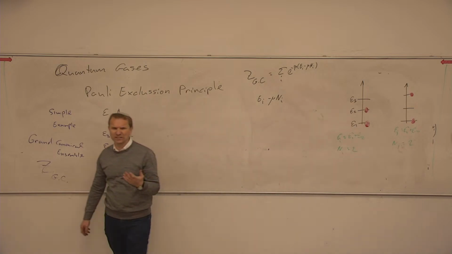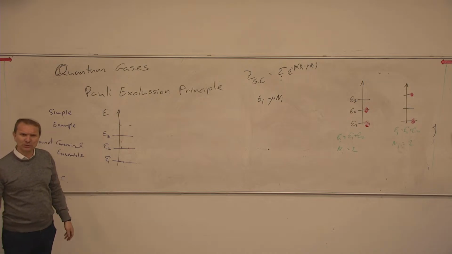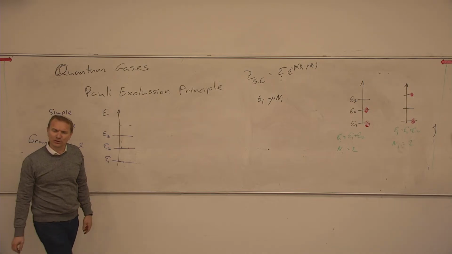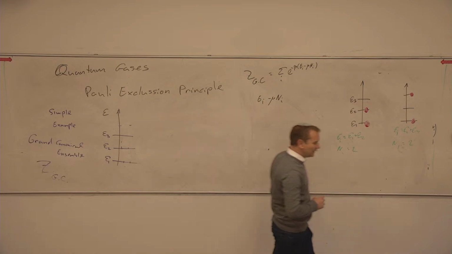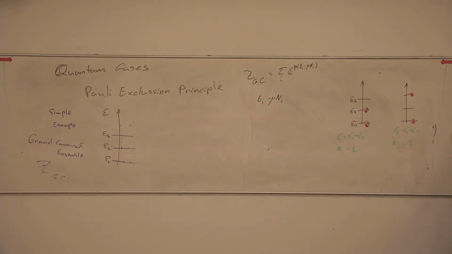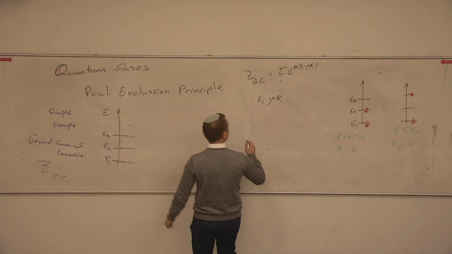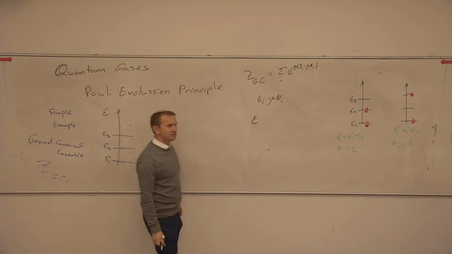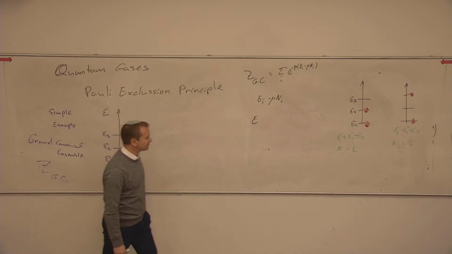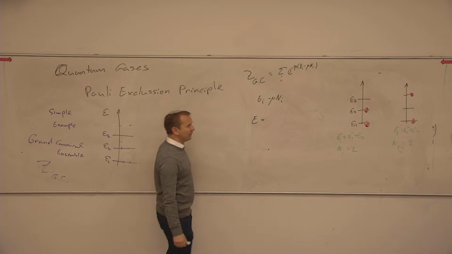So what are the different stories that I try to pump into you? Well, oh, it's going to solve everything, this canonical ensemble. Well, the thing is, this specific property of fermions can be used extremely nicely in order to write down the different energies. So what is the energy of the system? Let's write it down.